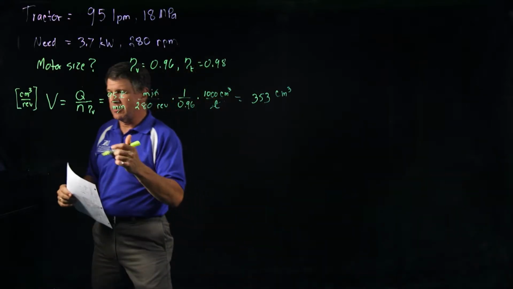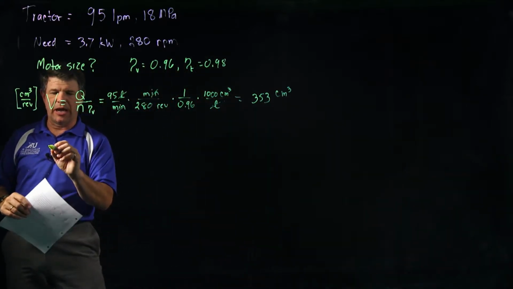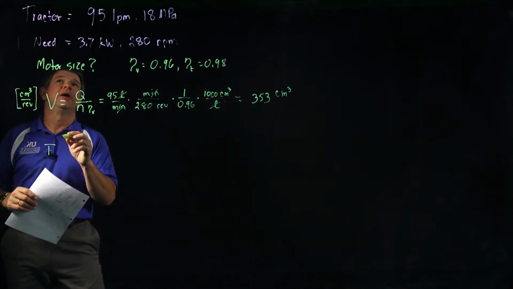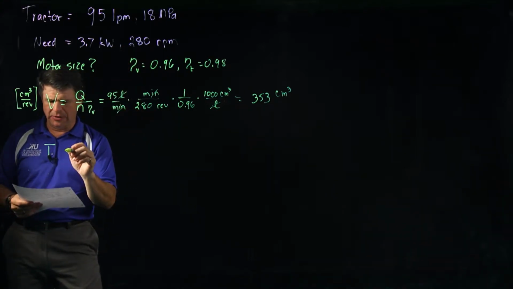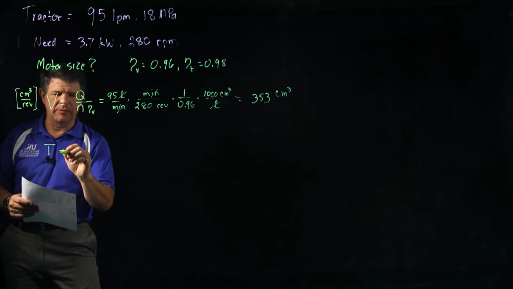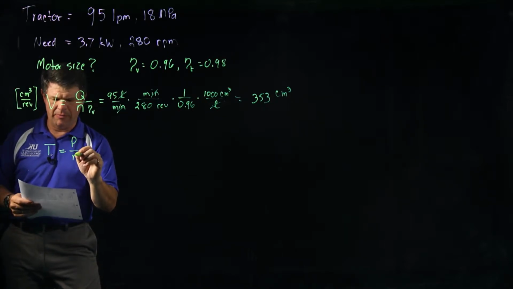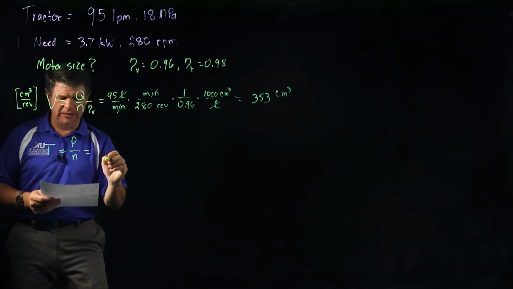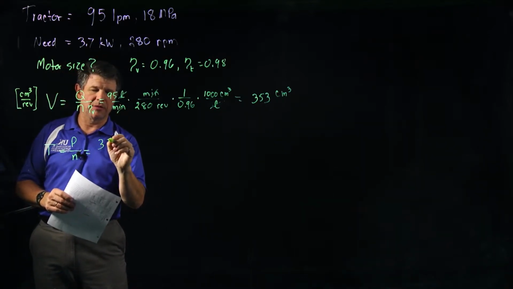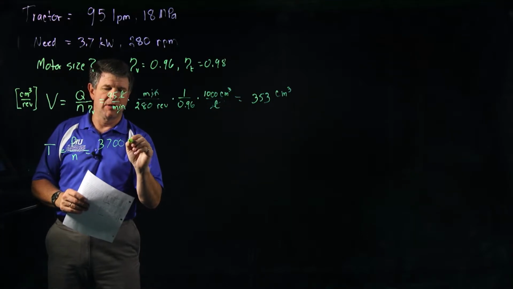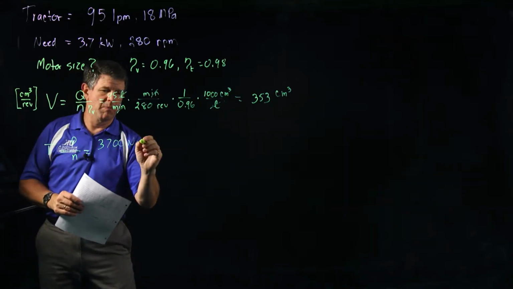So I need torque, so let me go ahead and calculate it. I have power up there. I said that I need 3.7 kilowatts. So let's calculate how much torque that actually is. Torque is power divided by speed. The power is 3.7 kilowatts, so let's make this 3,700 newton meters.